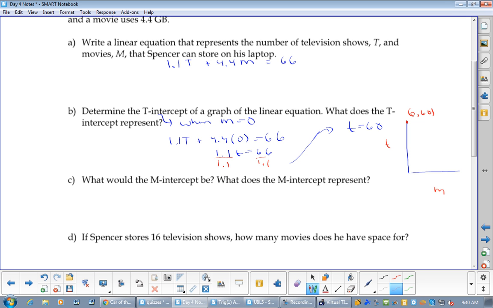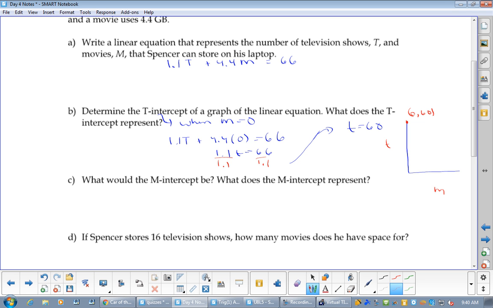Okay, and this is m. So what does 0, 60 mean? 0 movies and 60 TV shows. Okay?